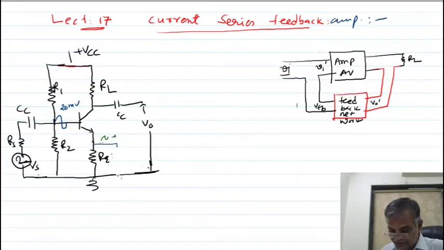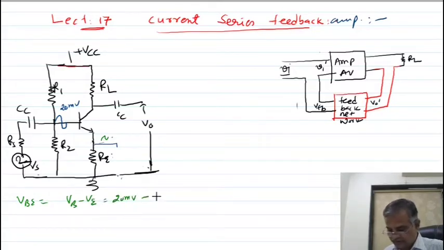The DC is for thermal stability, so we will not worry about the DC. See, AC voltage is developed. As AC voltage is developed, VBE is nothing but the base voltage minus the emitter voltage. This is 20 millivolt plus some voltage, say 5 millivolt. So how much does it all become? 50 millivolt.